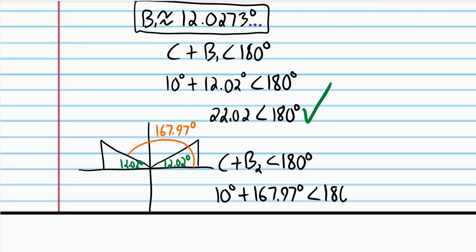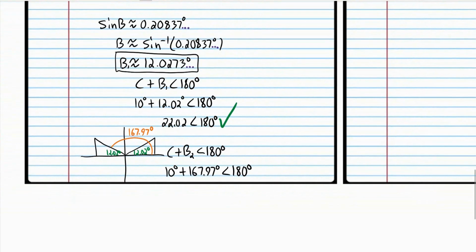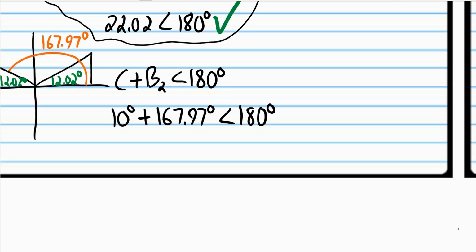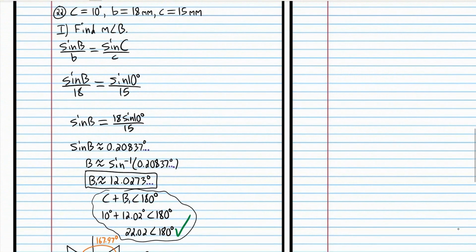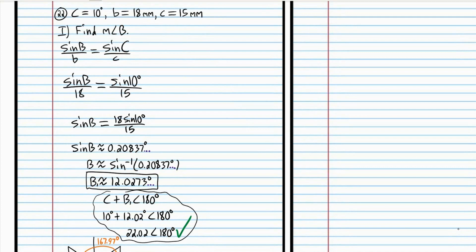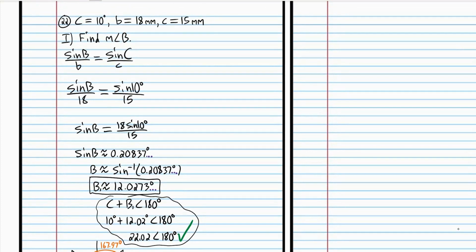If that's less than 180, then we'll have another triangle that's possible. And we get 177.97 approximately, so that works. So that means we have two triangles. Let's create the first triangle, or find the missing numbers for the first triangle.